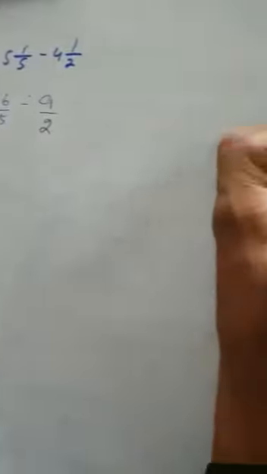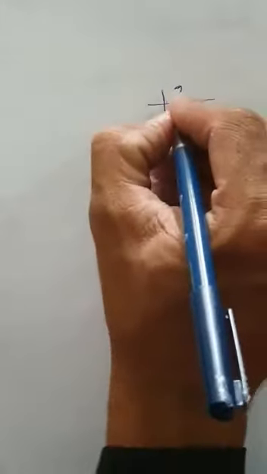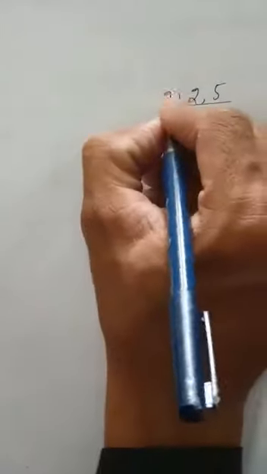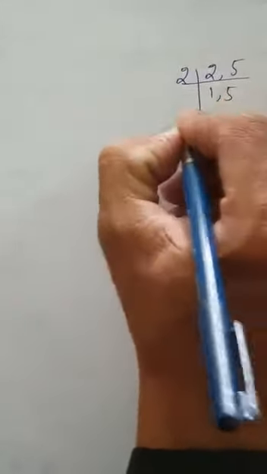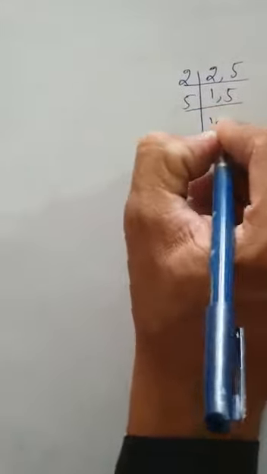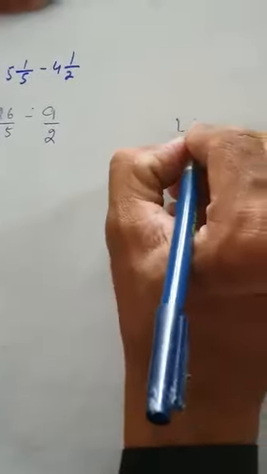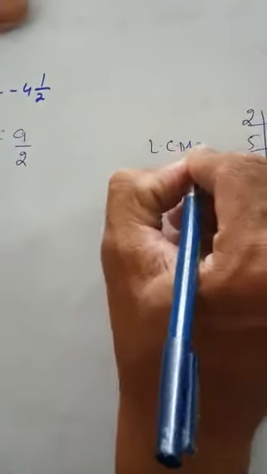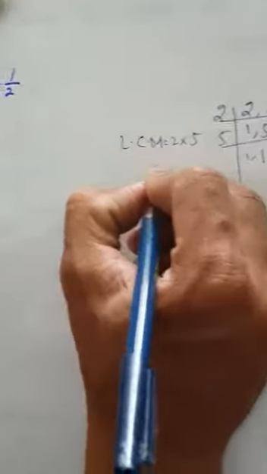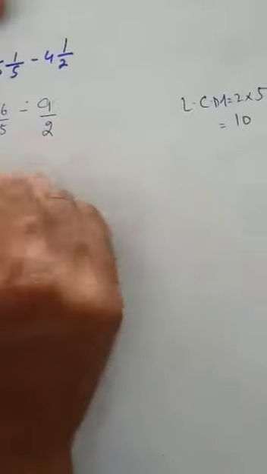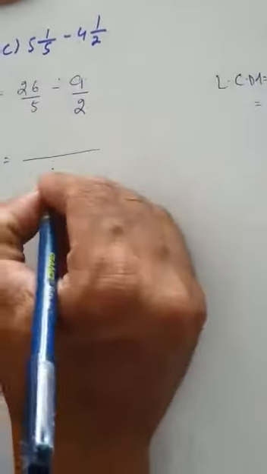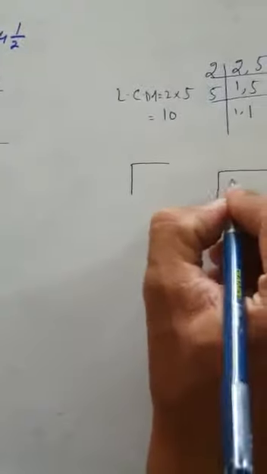So first of all we will find the LCM. 2 comma 5, 2 ones are 2 and 5 will be written as it is, and 5 ones are 5. So our LCM will be 2 multiplied by 5, which is equal to 10. So LCM is 10. So we will place the two symbols of division. 10 is our LCM.